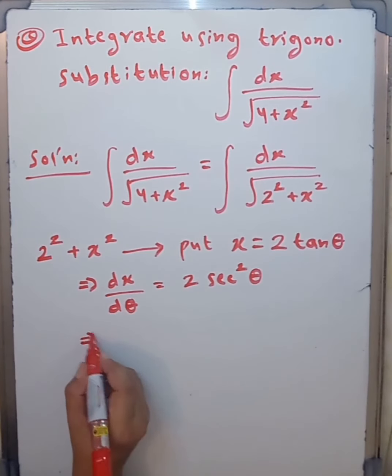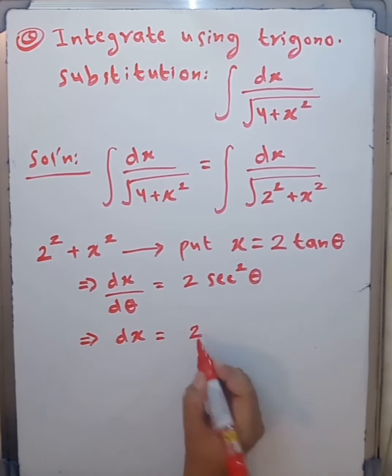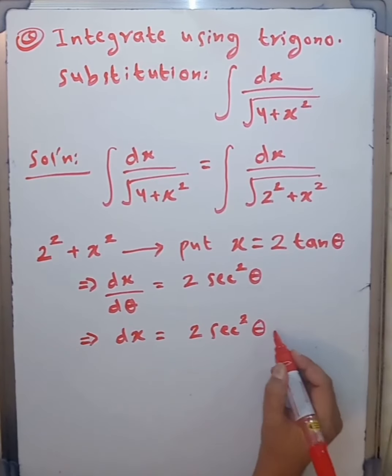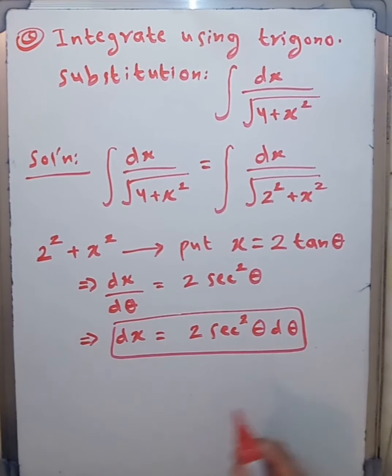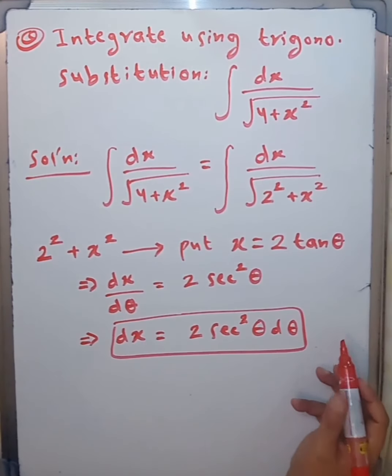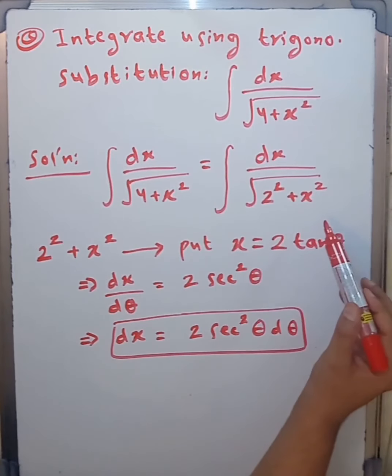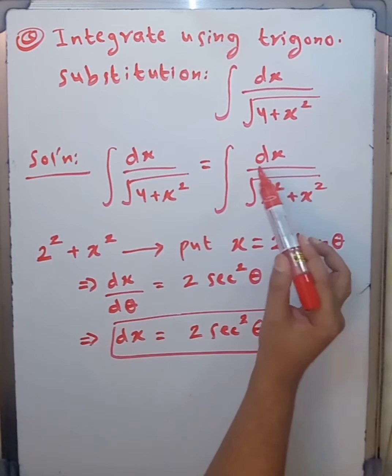And we can say that dx is equal to 2 secant square theta d theta. This expression we will use in the integral in place of dx.